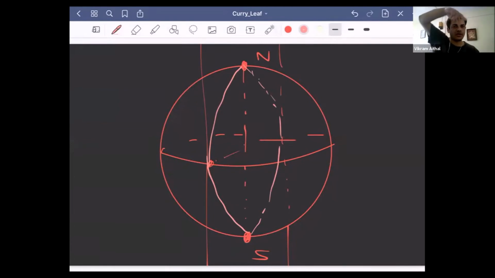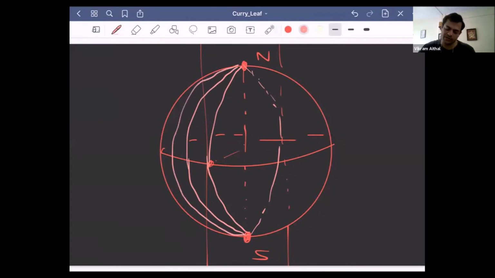I can rotate this plane around and I keep getting more and more great circles which pass through these 2 points.